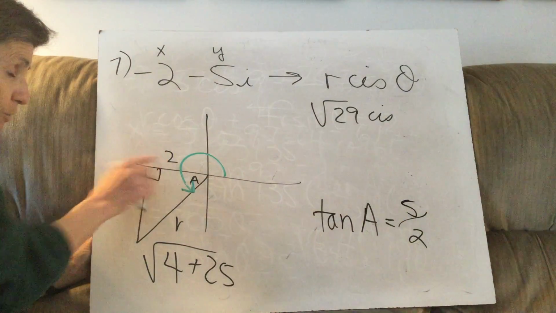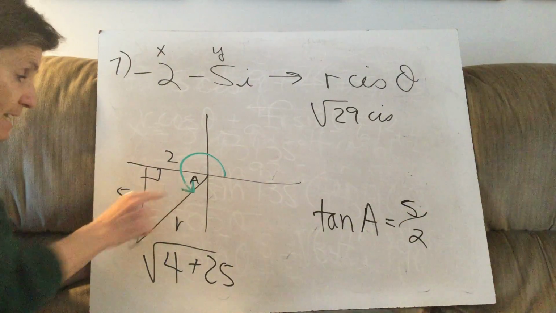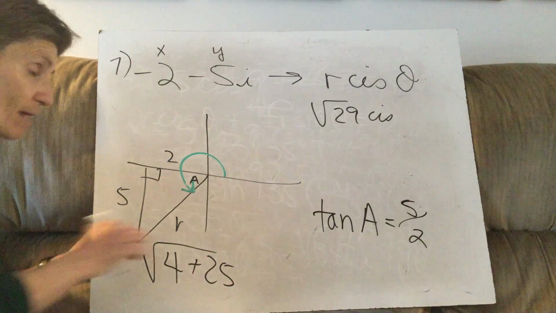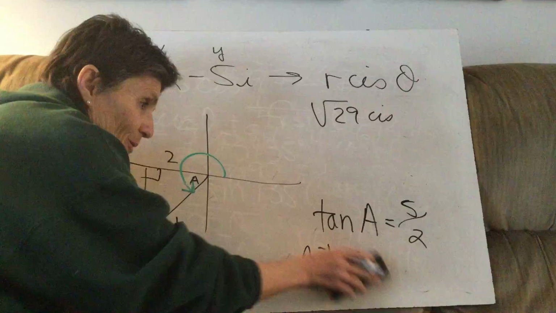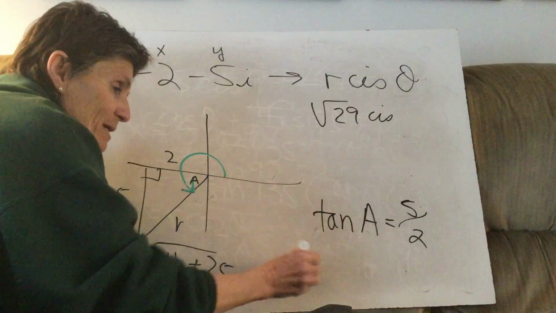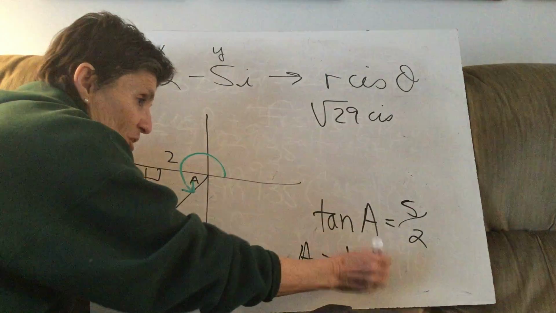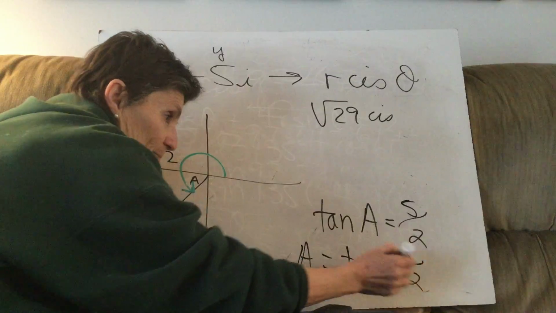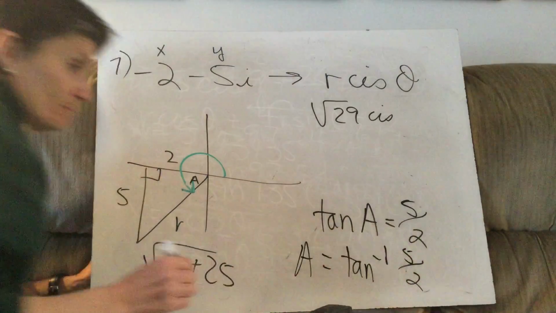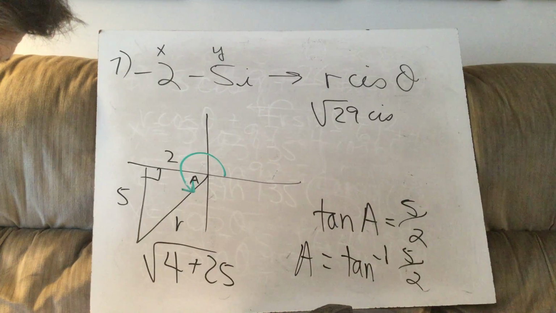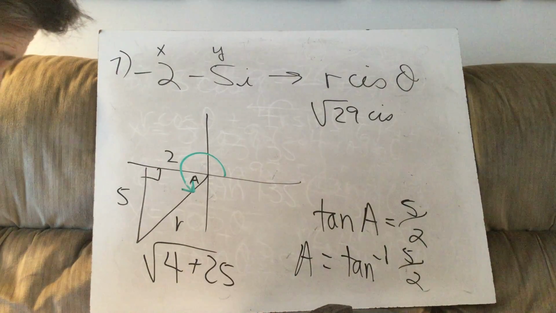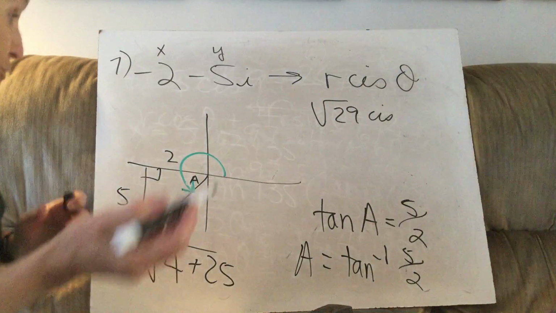Tangent is opposite over adjacent. So the tangent of angle A is 5 halves, so we can do second tangent 5/2. So if I do second tangent 5/2, I get 68.2.